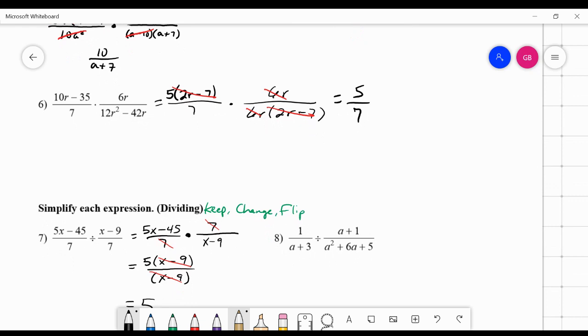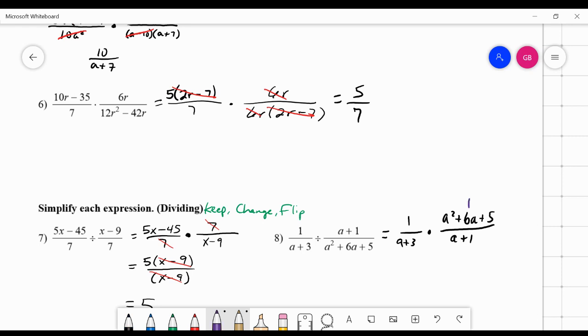Okay, now we get into division. Let's go ahead and keep, change, flip first. Okay, and now we're gonna factor.